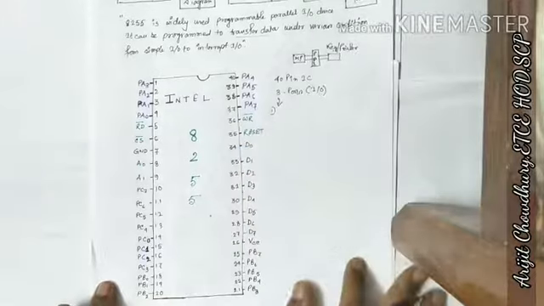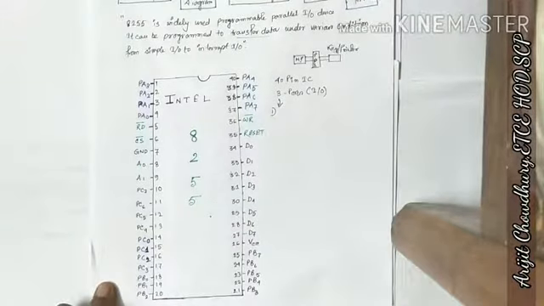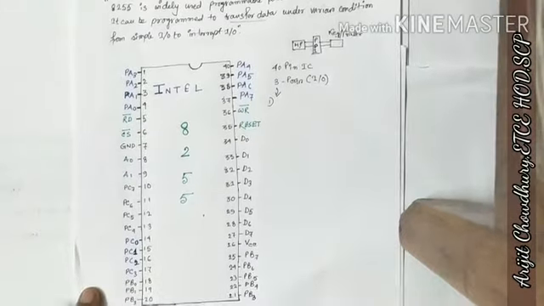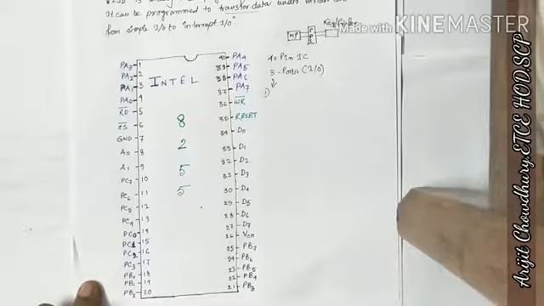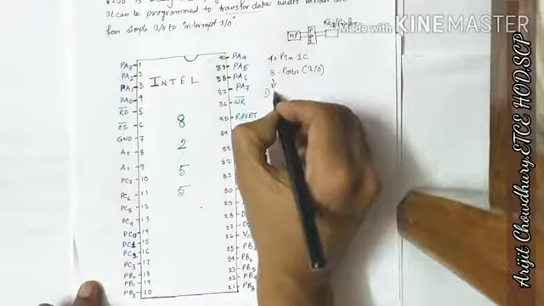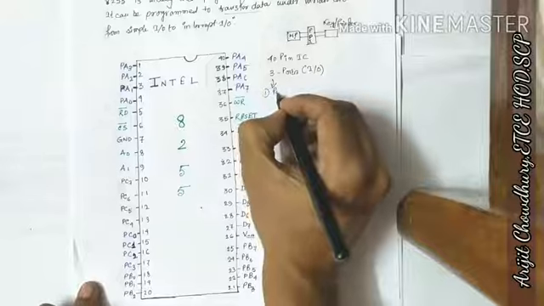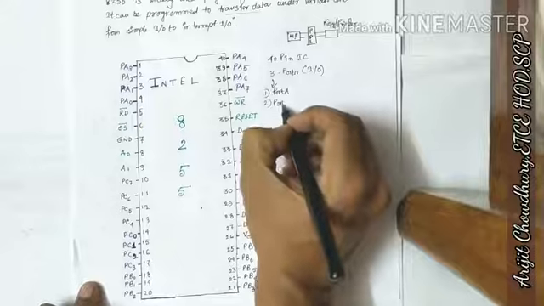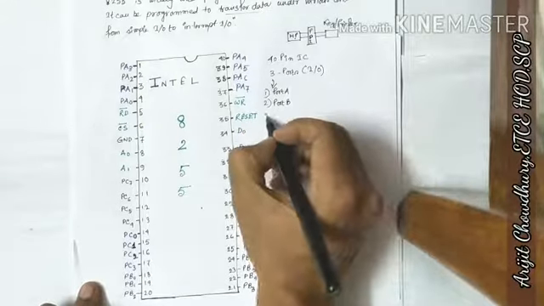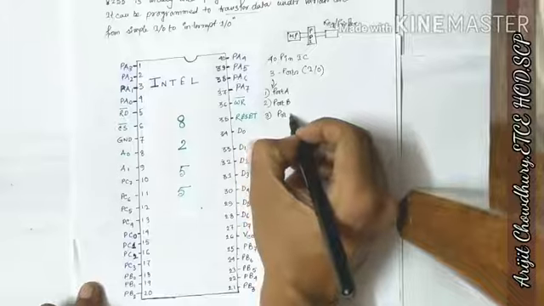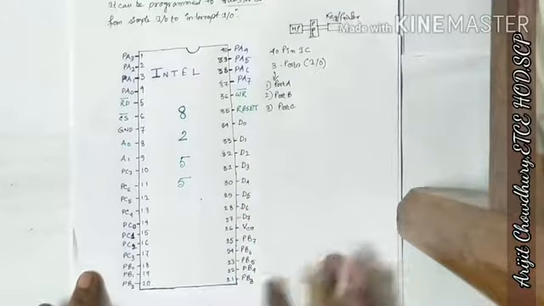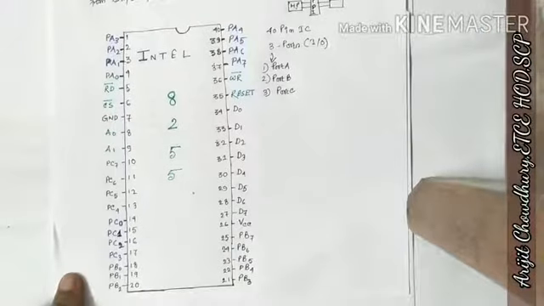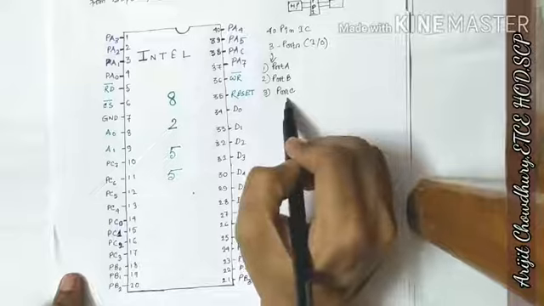Number 1, port A. Number 2, port B. Number 3, port C. There are 3 ports: port A, port B, port C.